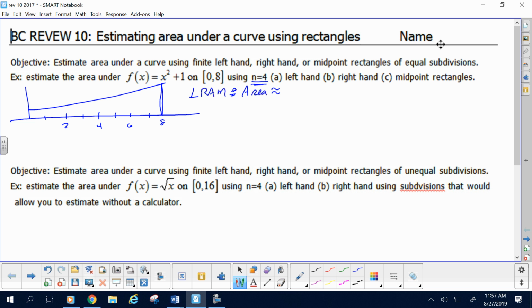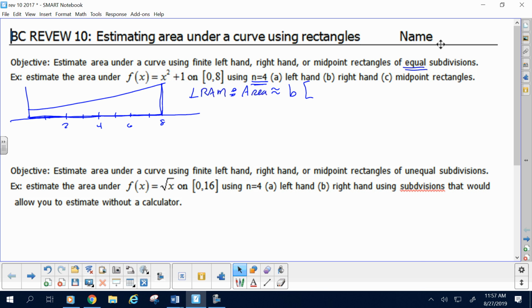And if they're equal subdivisions, then rather than do 4 bases, could I just factor out a base? Yes, okay, so rather than do 1 base times height, 1 base times height, 1 base times height, 1 base times height, I'm just going to factor out a base and then tally the heights.